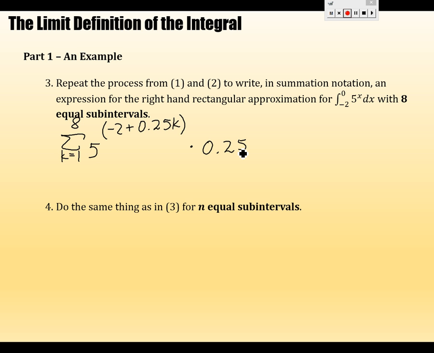All right, who has number 4? You want to take that again? Feel like we have it.